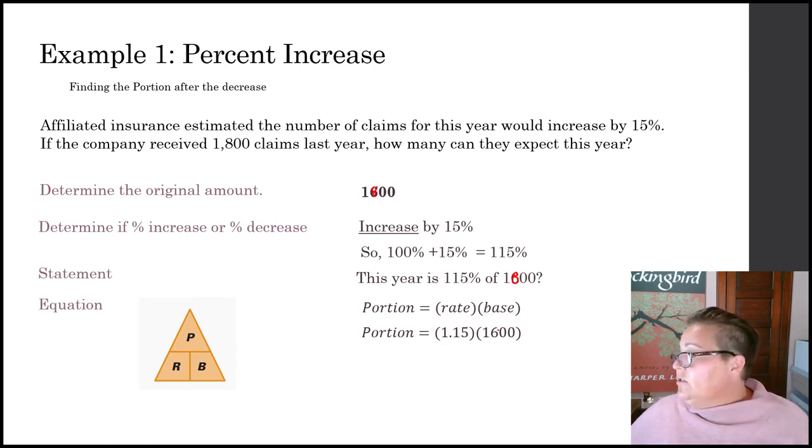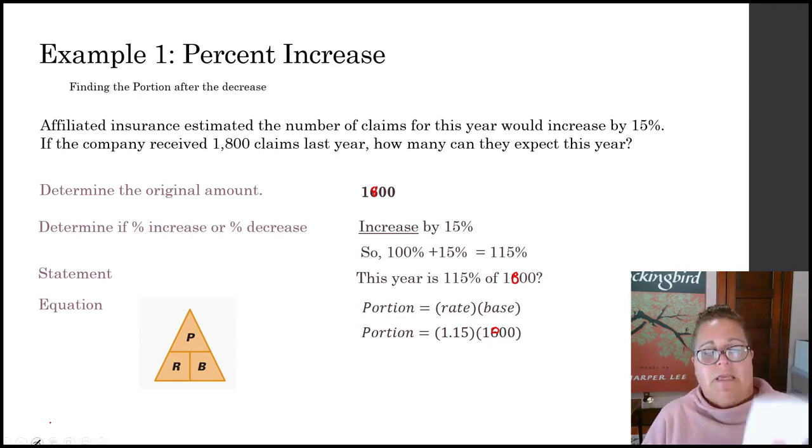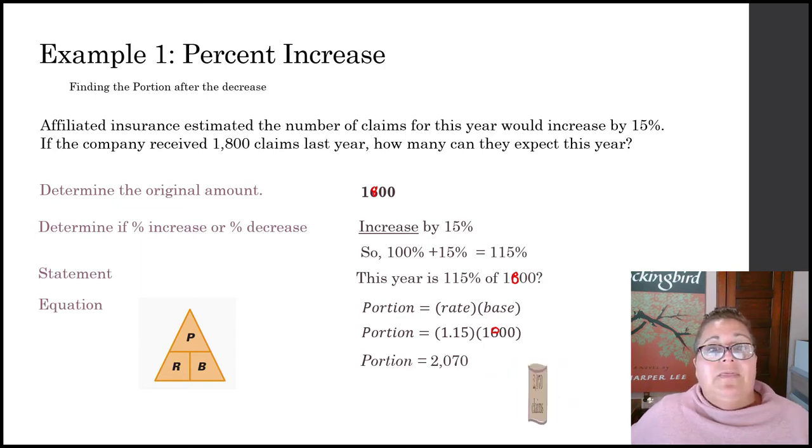And my base should be 1,800. Oh, it'll be interesting to see if I just wrote the wrong number down or not. Sorry, I got my calculator because I need to make sure I'm right now. 1.15 times 1,800. Aha. And when I do that, I get 2,070, which means there would be 2,070 claims this year.